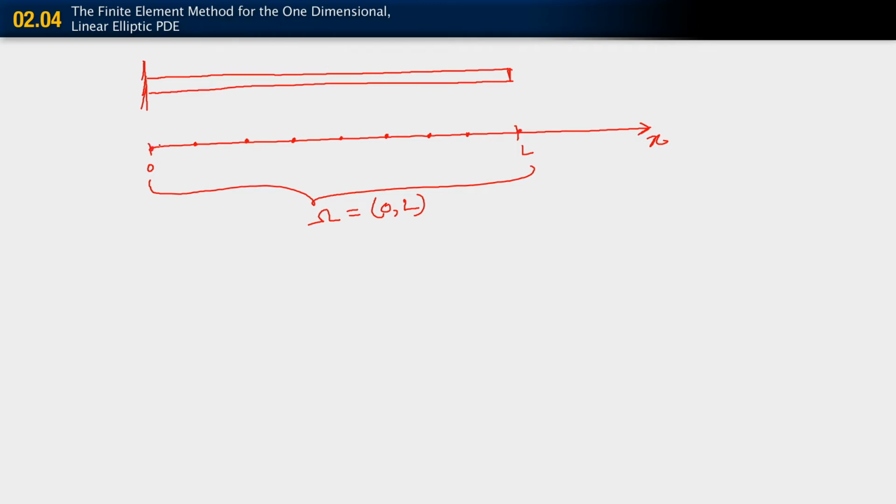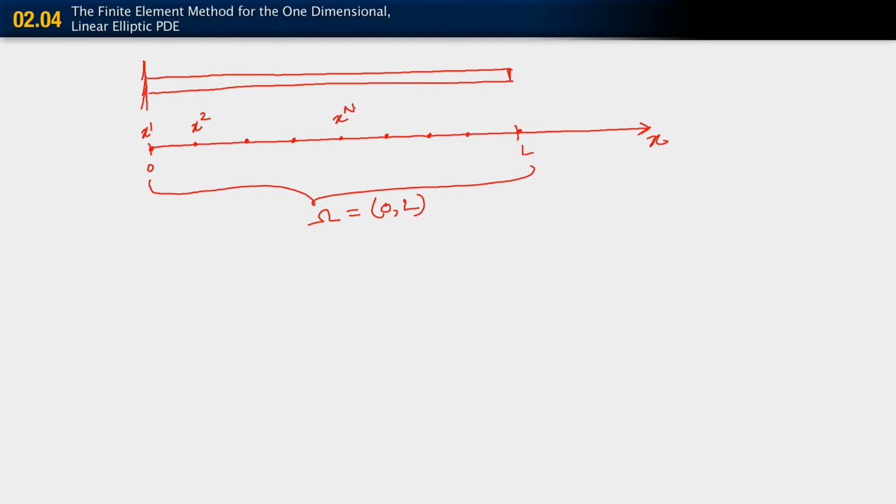Okay, so we look at these nodes as being defined as x, we call this x sup 1, x sup 2, and so on.